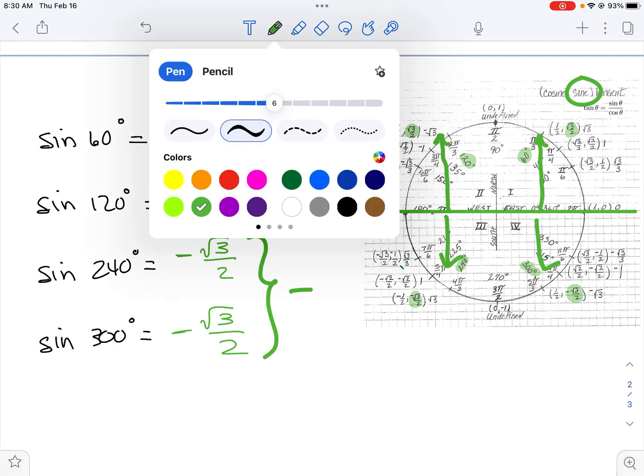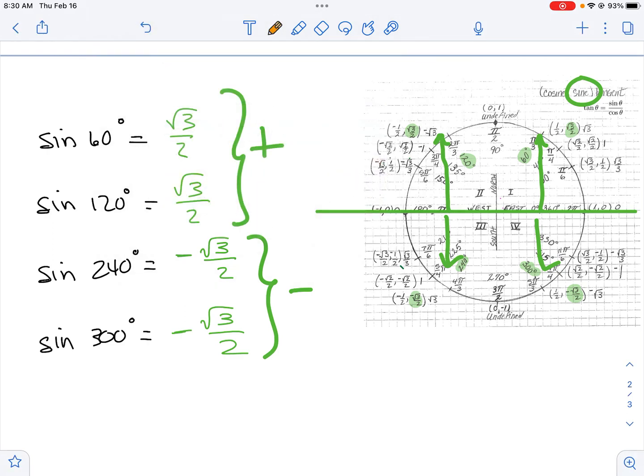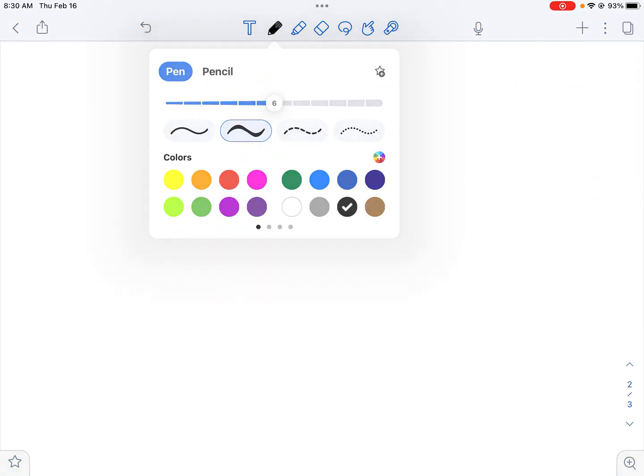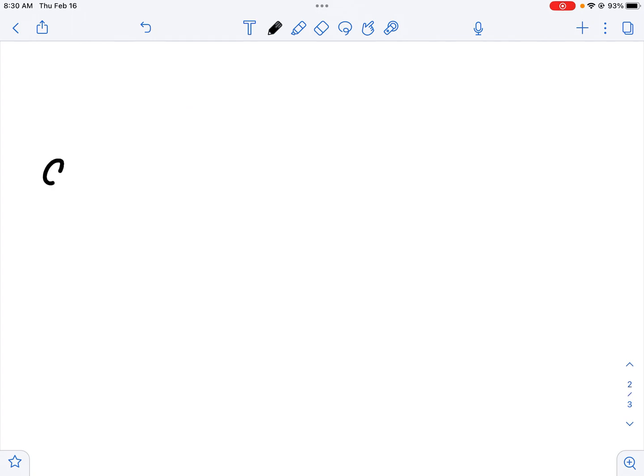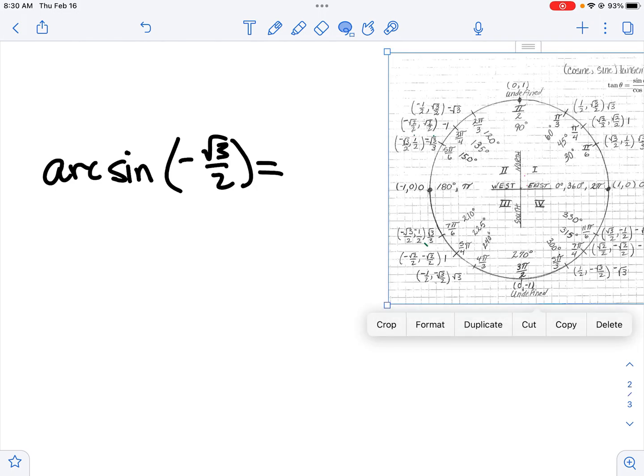I guess we will also be asked, at some point in time, to find, let's say, arcsine of negative radical 3/2. And so there what you're going to do is pull out the unit circle.